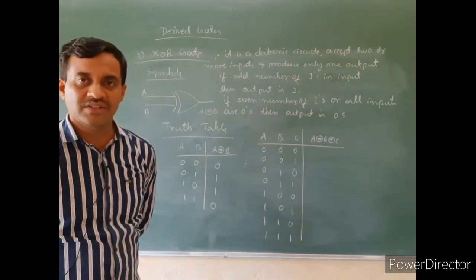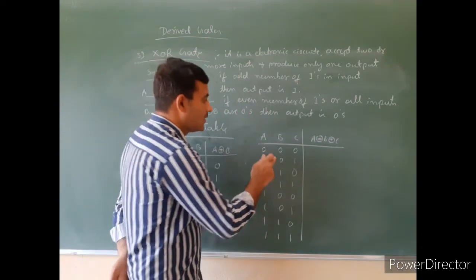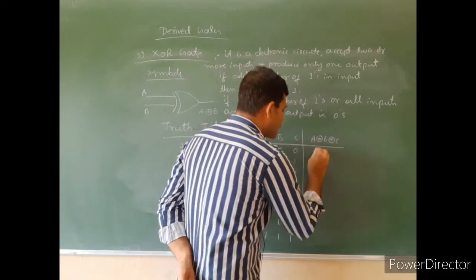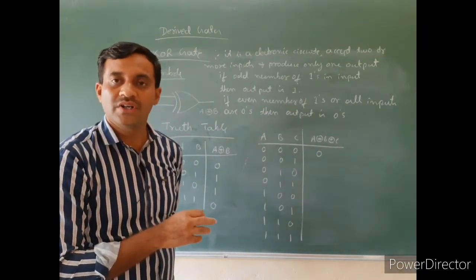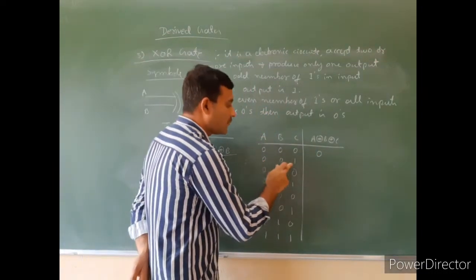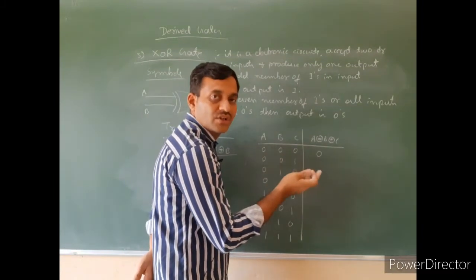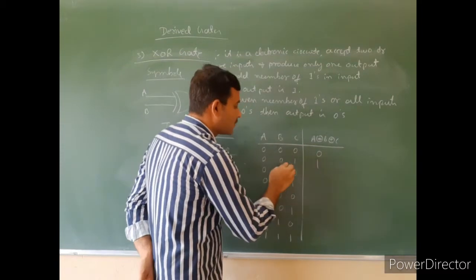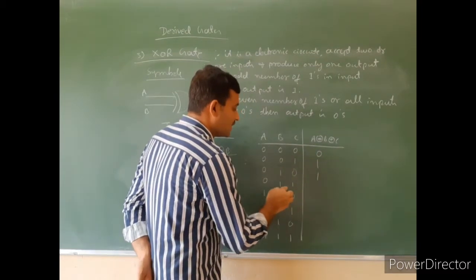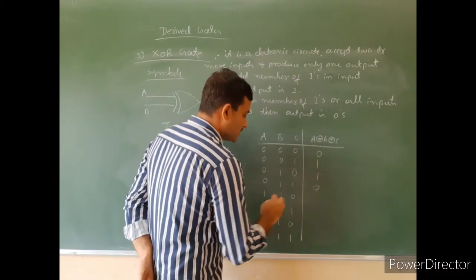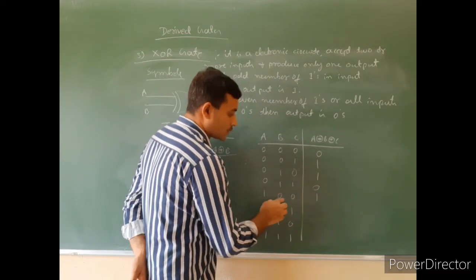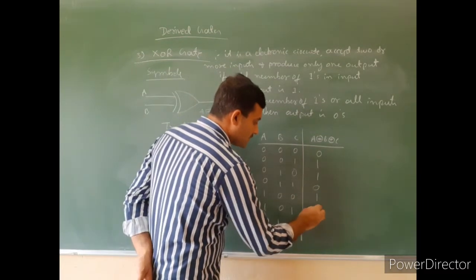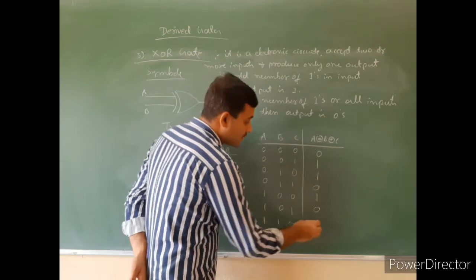So these are the combinations. How to write the truth table? If all the inputs are 0, output is 0. Even number of ones, then output is 0. If odd number of ones in the input, output is 1. Here odd number of ones, here also odd number of ones. Even number of ones, output is 0. Odd number of ones, output is 1. Even number of ones, 0. Even number of ones here, 0.